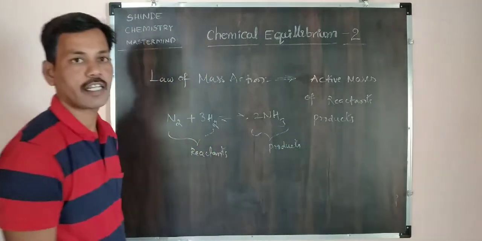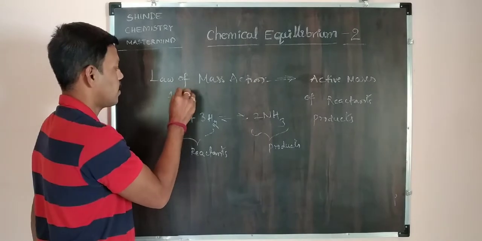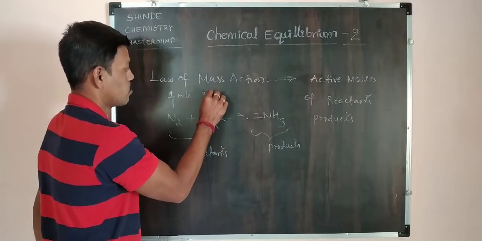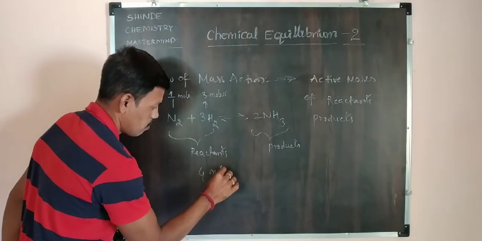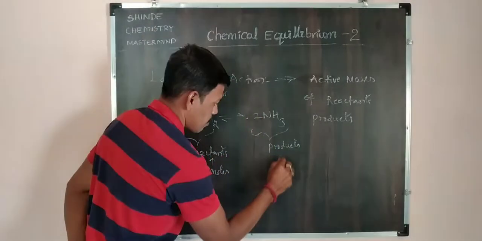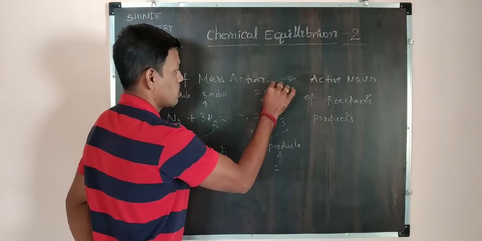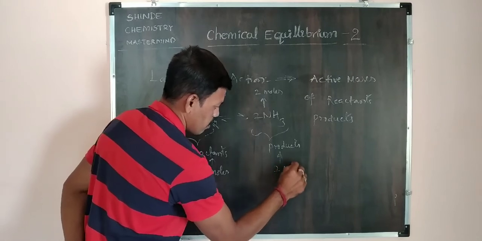In this reaction, the active masses are 1 mole of nitrogen and 3 moles of hydrogen. So 4 moles of reactants form 2 moles of products.